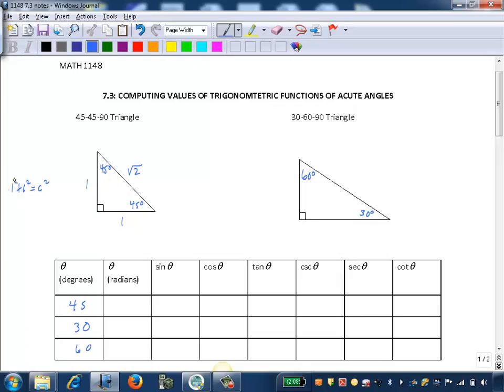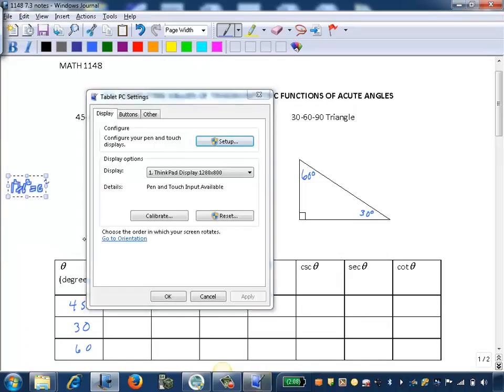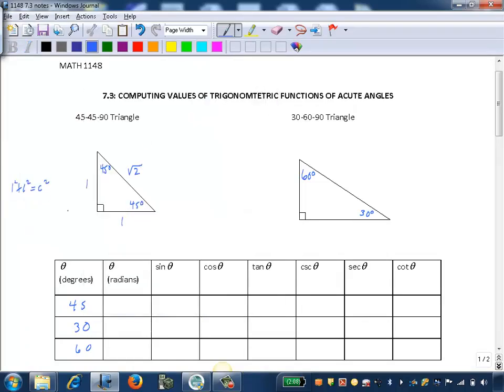If we solve for c, we get 2 equals c squared, so c would equal radical 2. So in any 45-45-90 triangle, the sides are in the ratio 1, 1, radical 2, and the hypotenuse is radical 2 times whatever the 2 legs are.